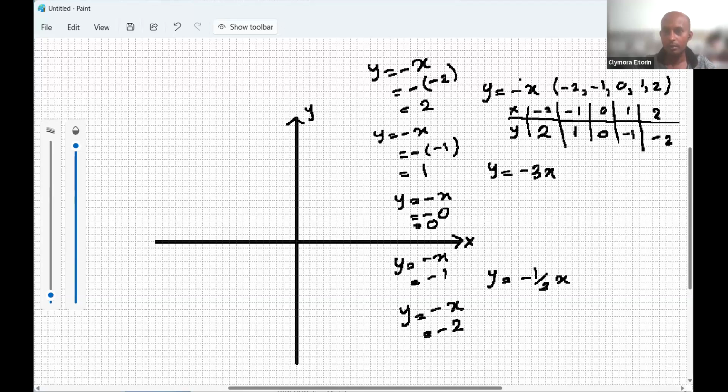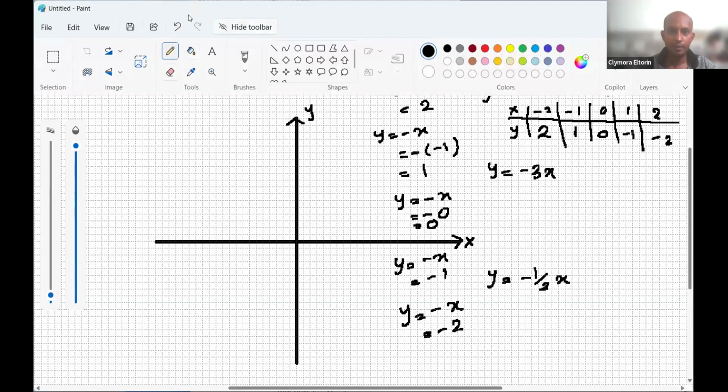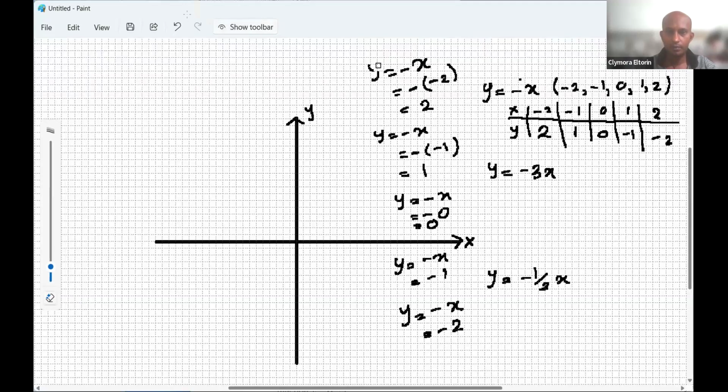I think now you have a rough idea regarding that. Let's plot the graph regarding those points.